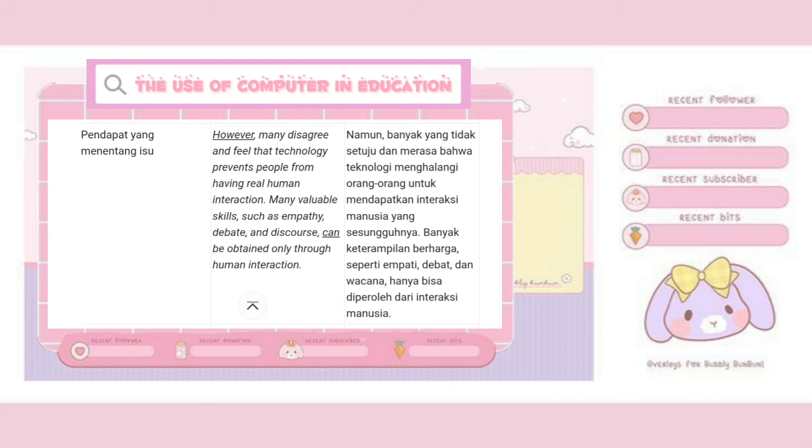Many valuable skills, such as empathy, debate, and discourse, can be obtained only through human interaction. We can see that the writer gives some opinion and fact about the contra of the topic that he is talking about.